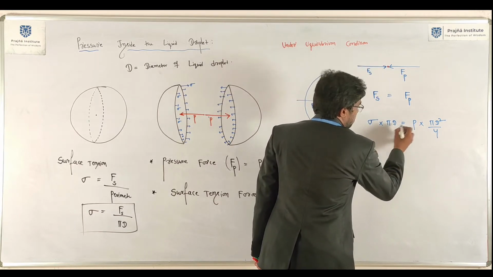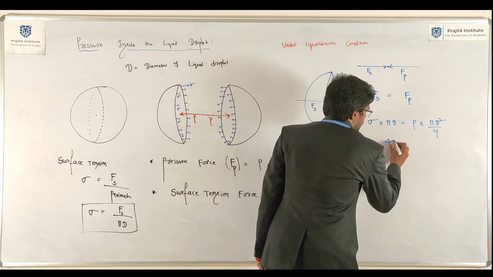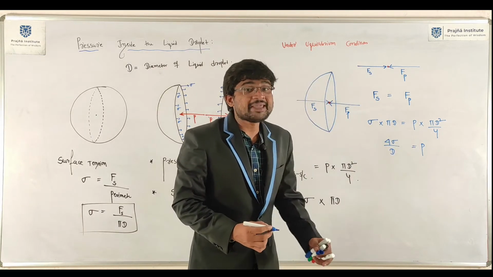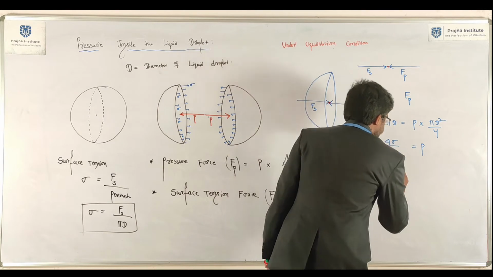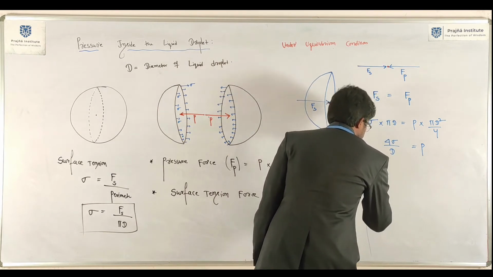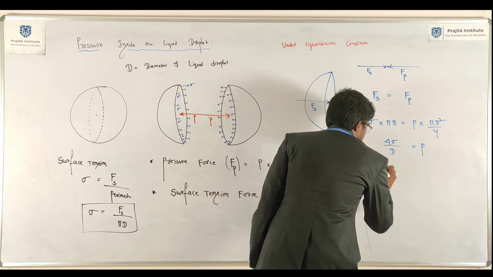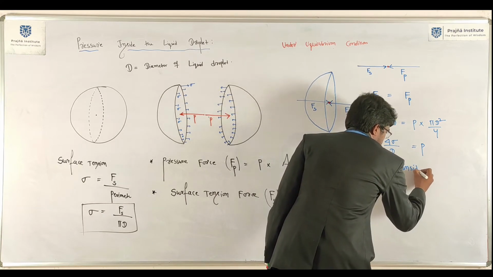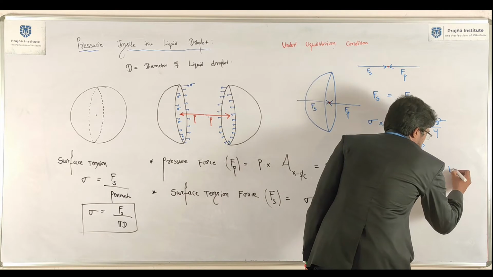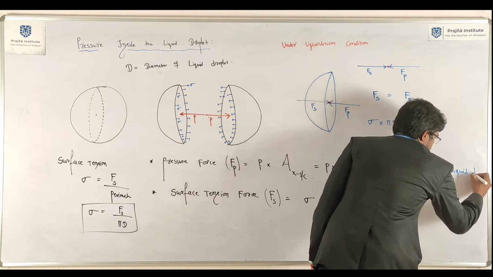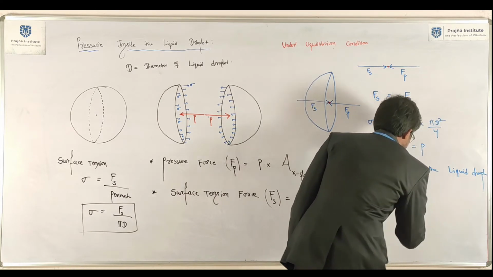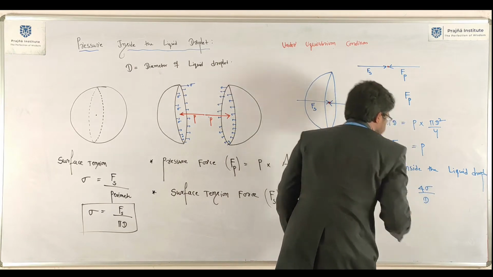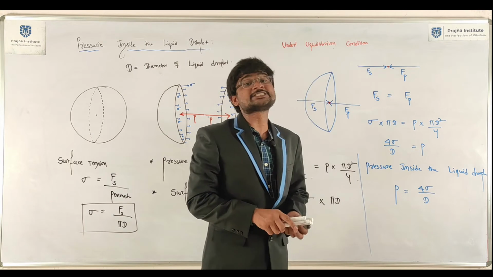Finally, pi d gets cancelled out. 4 sigma by d is nothing but P. What is P here? Pressure inside the liquid droplet. That is P equals 4 sigma by D. Actually, it is gauge pressure.